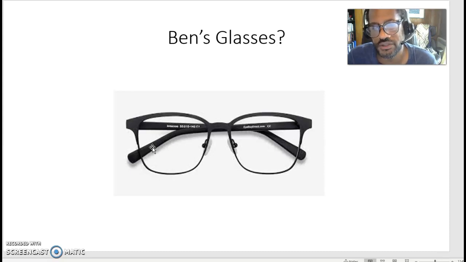So I want you to watch the film, the commercial. Think about what the glasses represent, and then there's a very short one-question quiz that I'll ask you about what it is that those glasses actually represent. And again, you can see then in this case how in this very short film, these glasses can become a literary symbol.